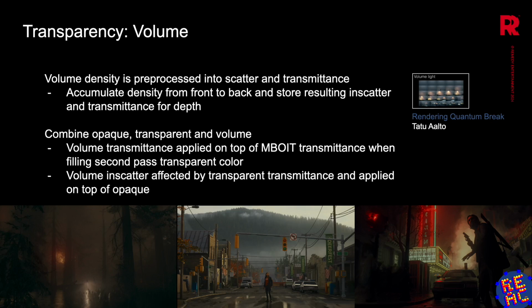This was the simplest possible solution for us, as we already had volume transmittance accounted for in transparent shading. The other way round, we combine volume scatter on top of opaque geometry at the very end of the pipeline. So at that location, we now evaluate also the moment-based transmittance in addition to volume transmittance.